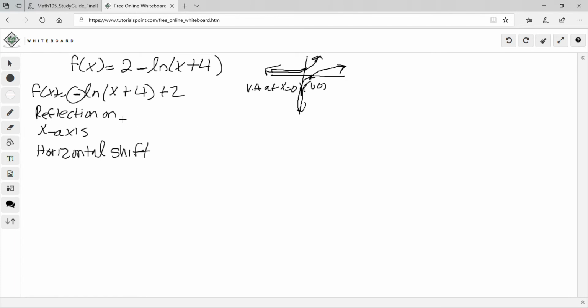But it's not going to be positive 4, it's going to be negative 4 units. And then this plus 2 is our d, so it's going to be our vertical shift of 2 units upwards.